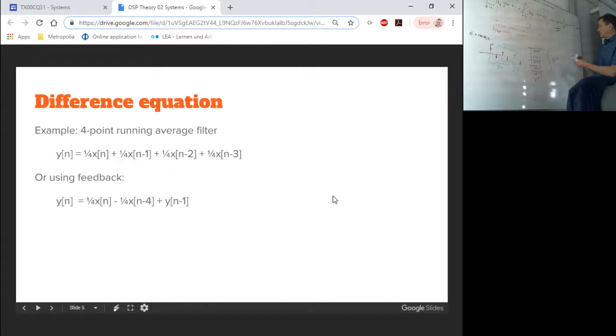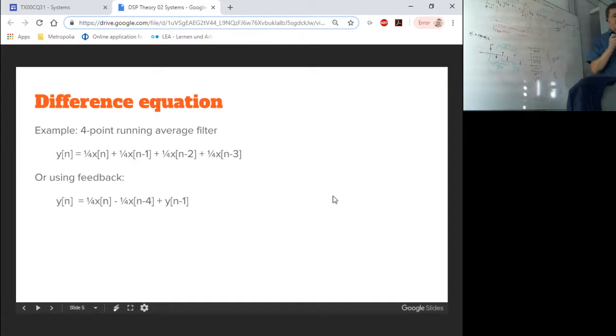What we can then do is subtract 1/4 of that one. So for y1, we actually use the previous value y0, take off 1/4 of x of 0, and then add 1/4 of x of 4.